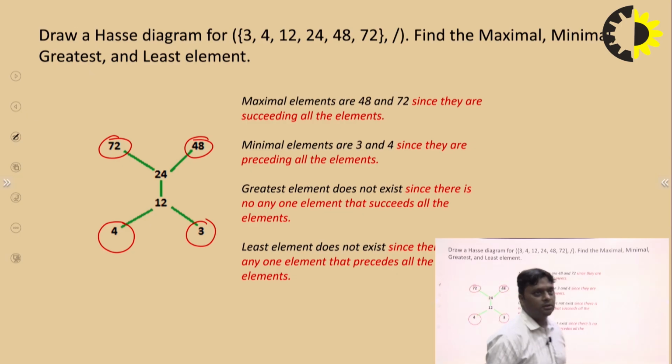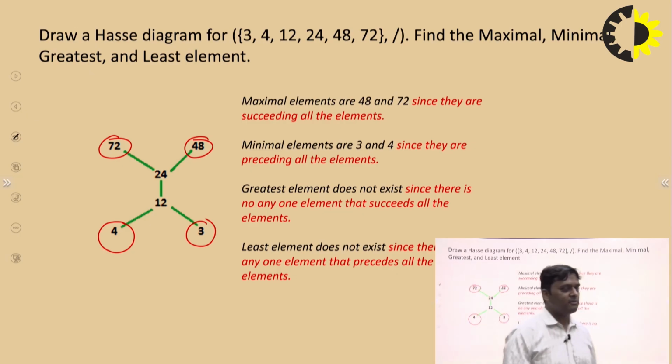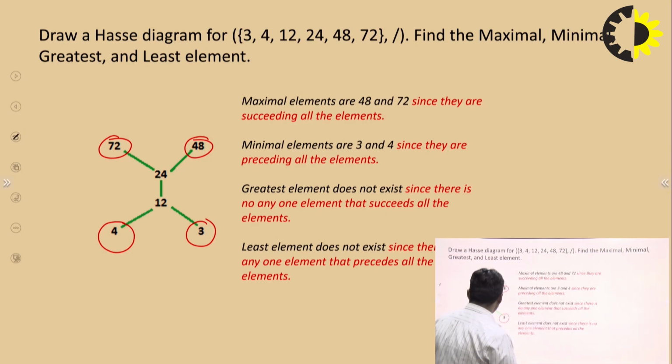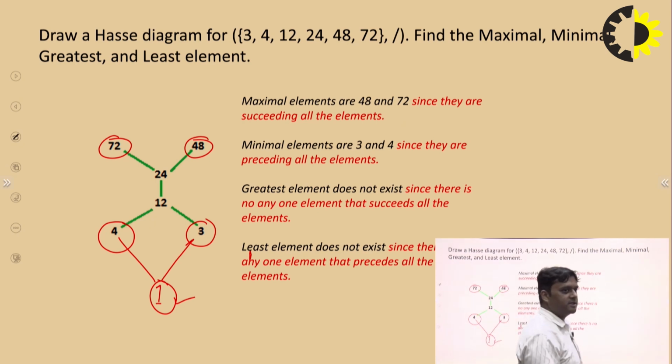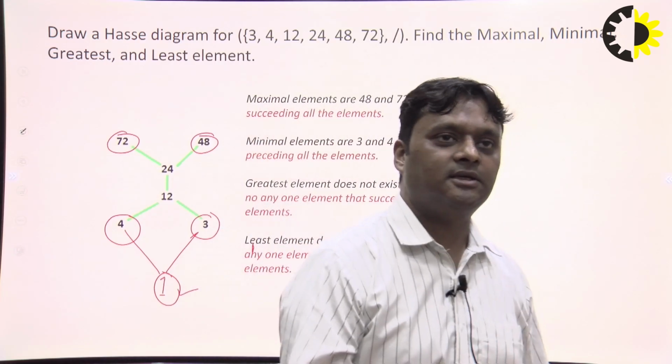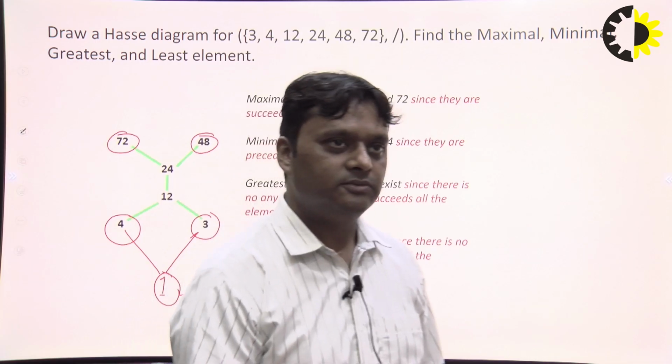So here we find only maximal and minimal elements. If we consider 1 here, then what will be the least element? The least element will be 1 in this case. So this is the Hasse diagram. Okay.